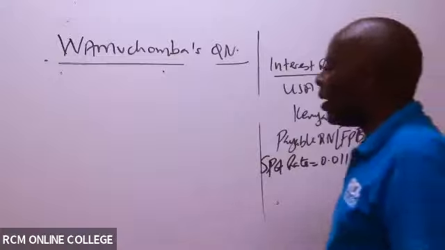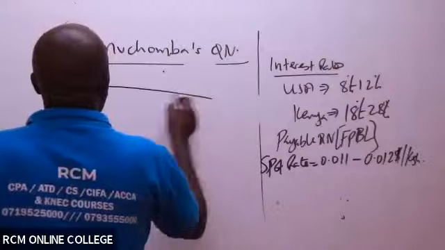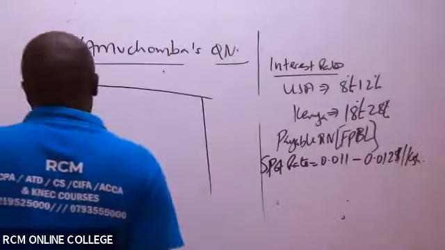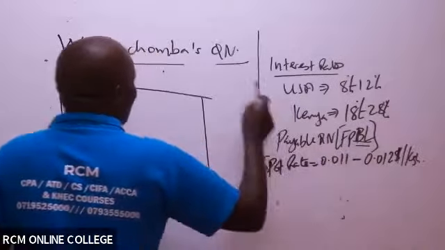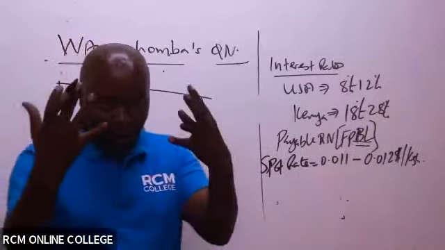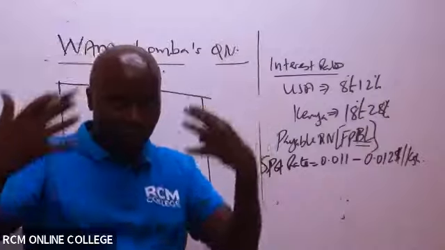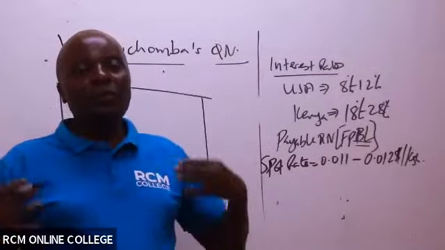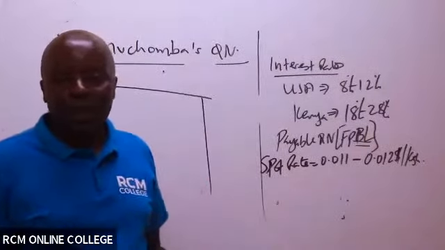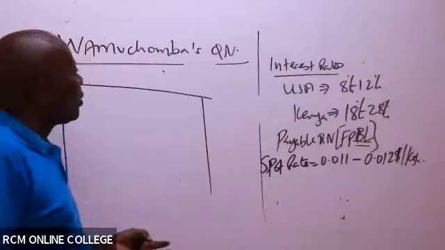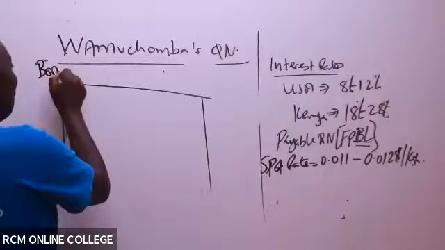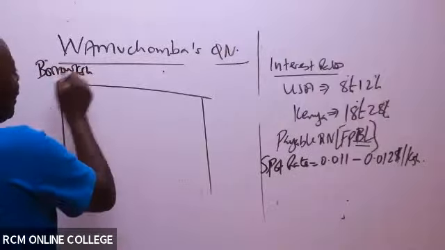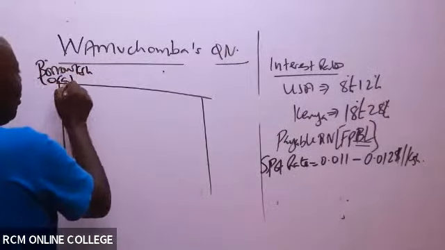Now let's draw our table. So remember, this is foreign payment, borrow local. Wamchomba has brought in a vehicle. She's required to pay. So it's a foreign payment, so we are saying borrow local.